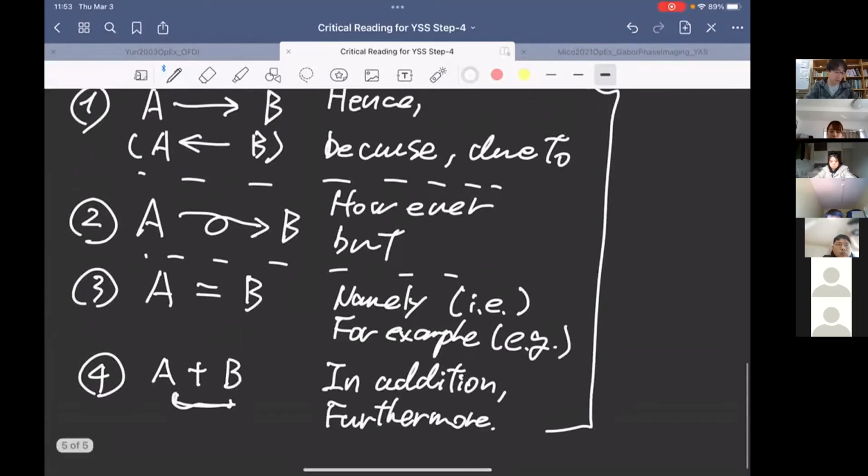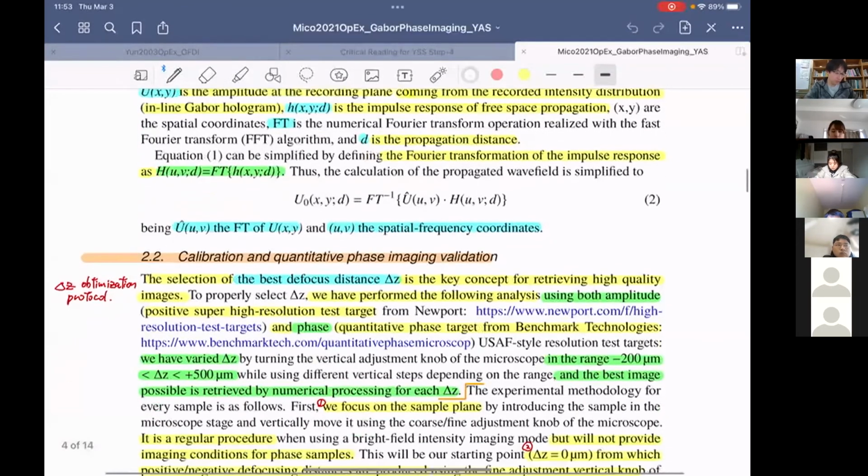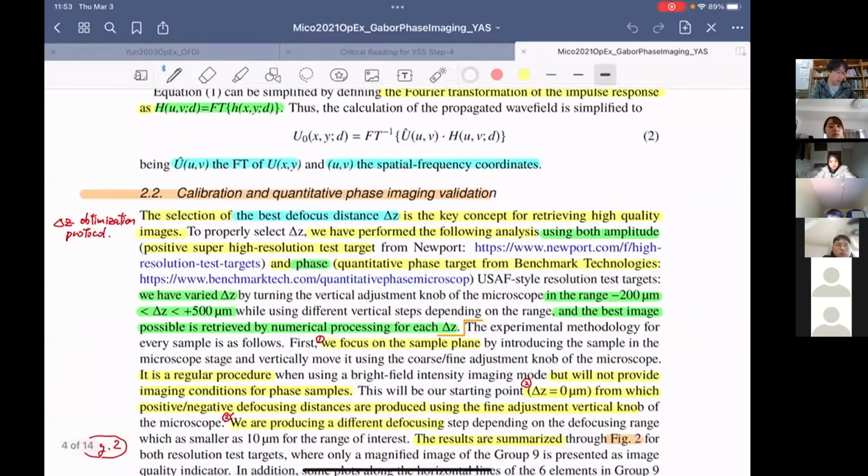Okay, let me check some example. Yeah, this one. The selection of the best focus distance delta z is the key concept for retrieving high quality images. To properly select delta z, we have performed the following analysis. Okay, in this case, there is no clear connective word, but what you can find is "to."